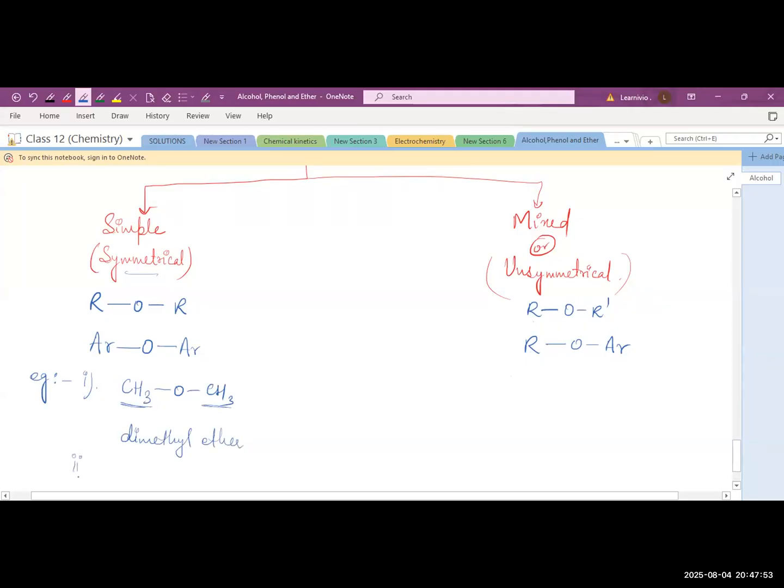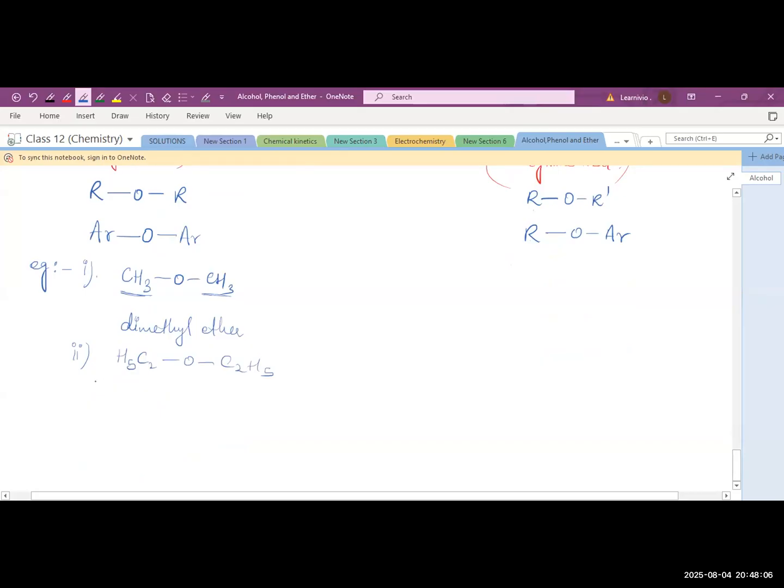Similarly, for the second type, let's take symmetrical again. So C2H5, यहाँ पे oxygen and again यहाँ पे C2H5. What will be the name of this, Ahil? This will be diethyl ether. Yeah, it's diethyl ether. Diethyl ether, right? यहाँ पे तो कोई मसला नहीं. It's very simple to name the symmetrical one.